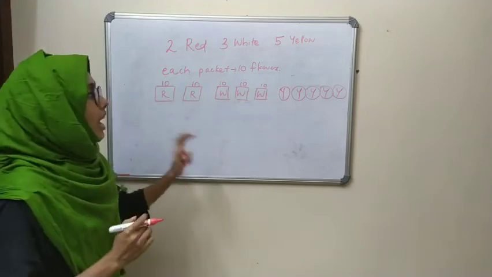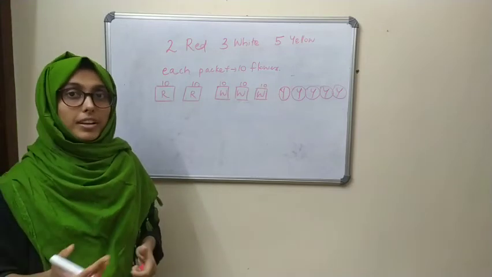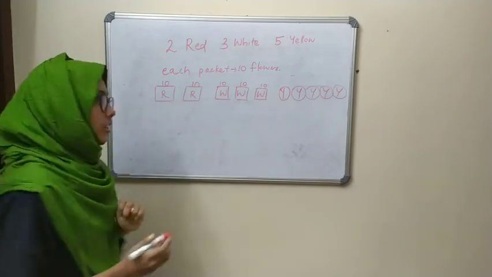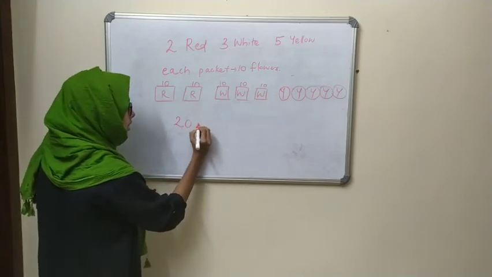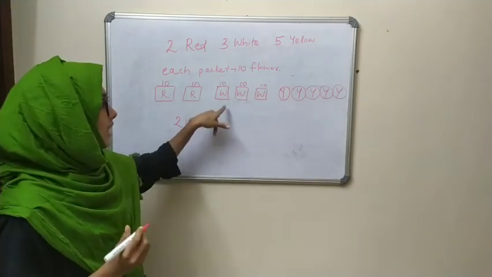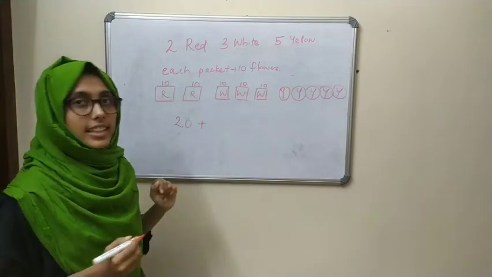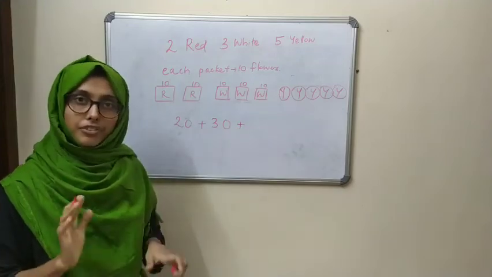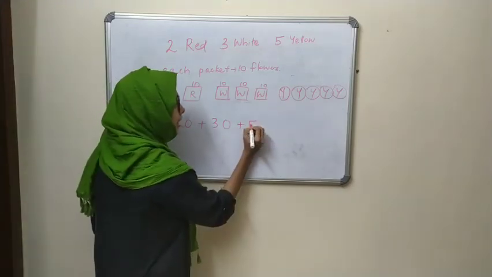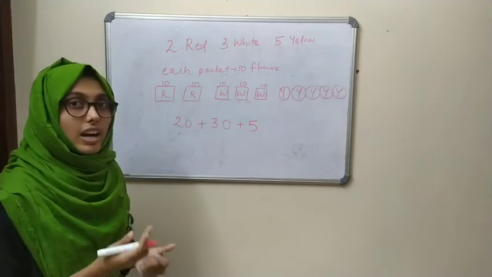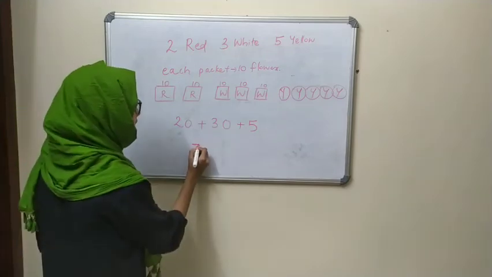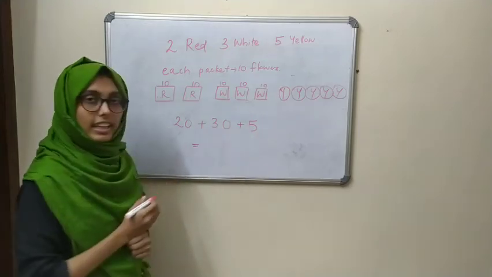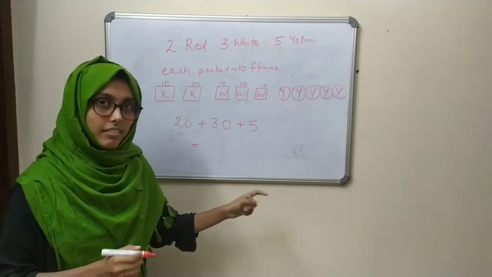Okay, how many flowers in total? So here 10 plus 10, 20 flowers, isn't it? Here 10, 10, 10, that means 30 flowers, and there are 5 yellow flowers. So how many is total? 20 plus 30 plus 5. 20 plus 30, 50, and plus 5, 55.